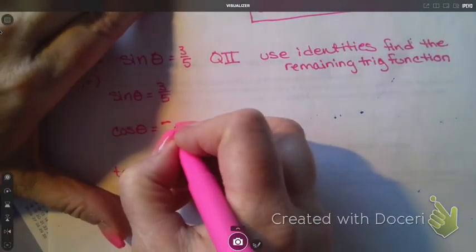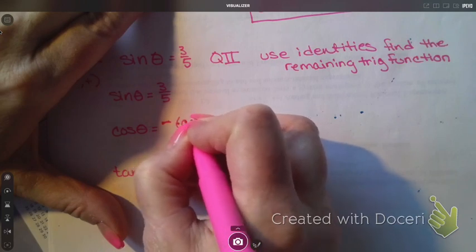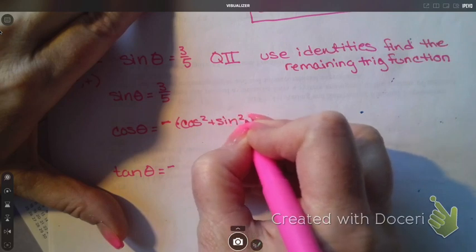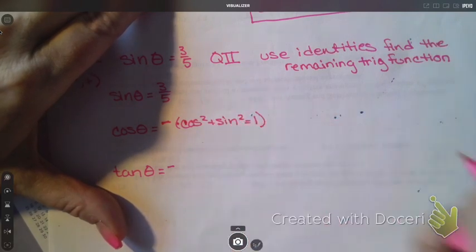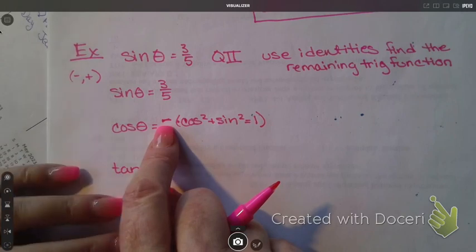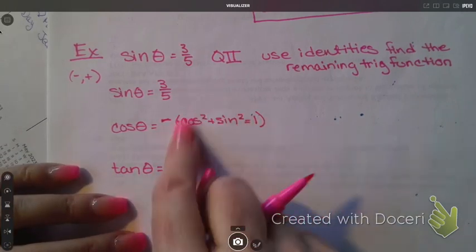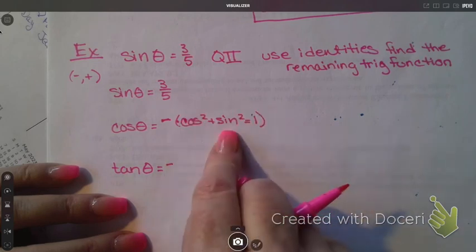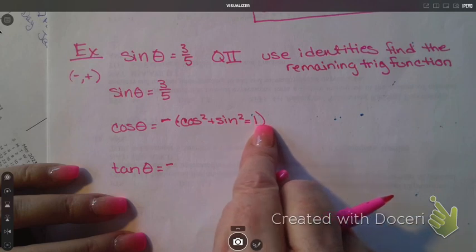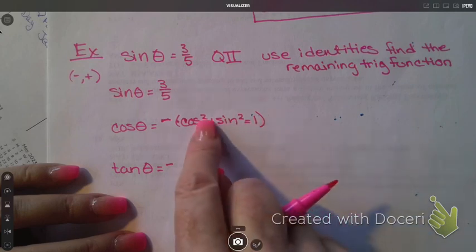So, cosine squared plus sine squared equals 1, yes? And I put the negative because it's going to be negative. But I want to solve this for cosine. So how would I solve this for cosine? I'd subtract sine squared over and take the square root.